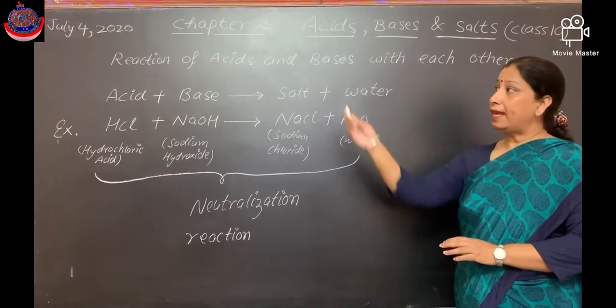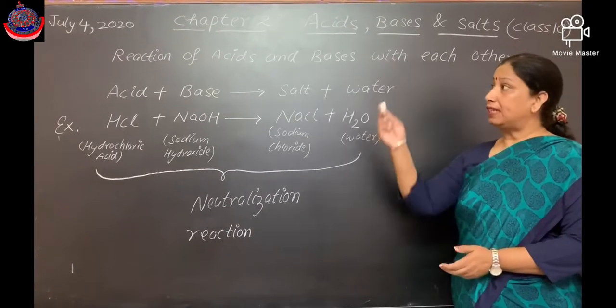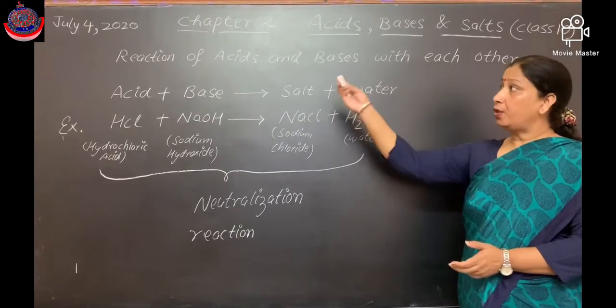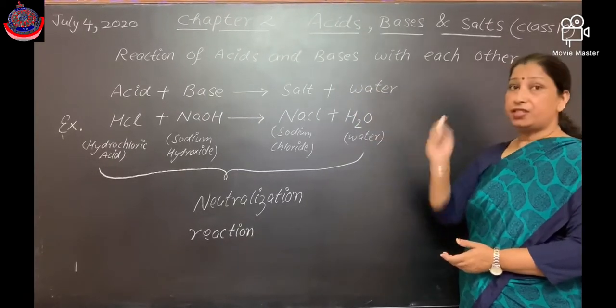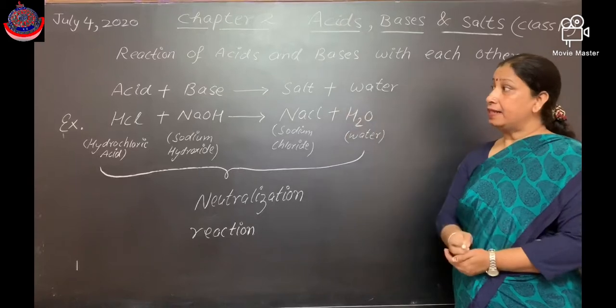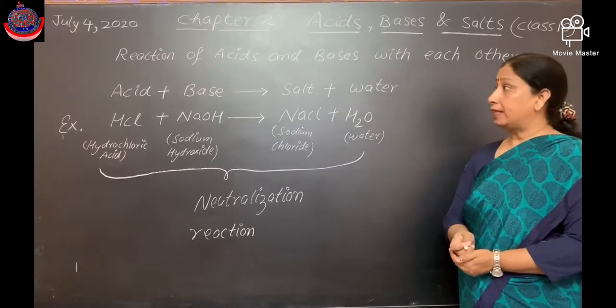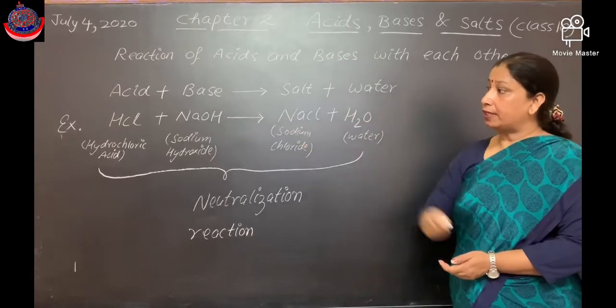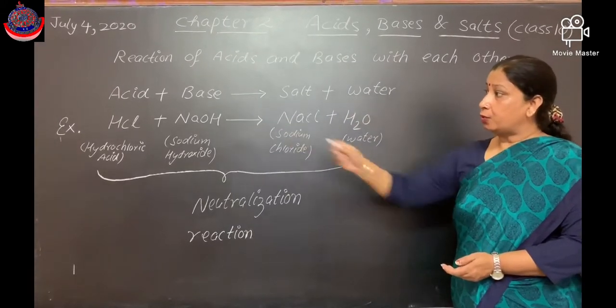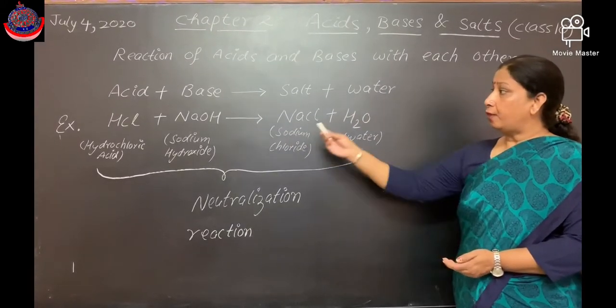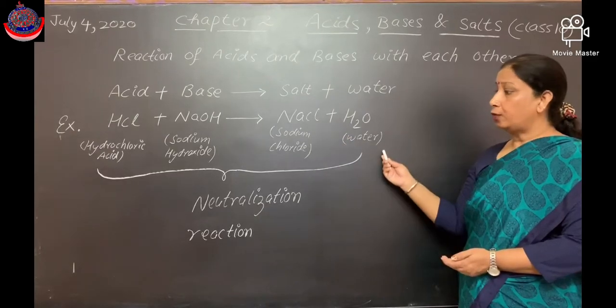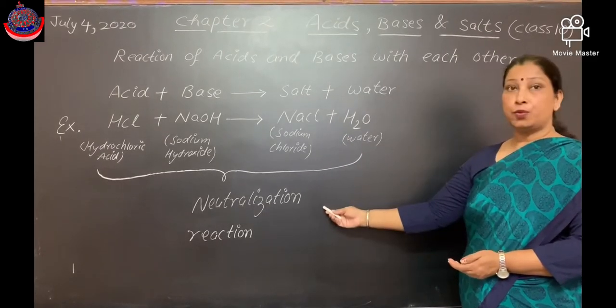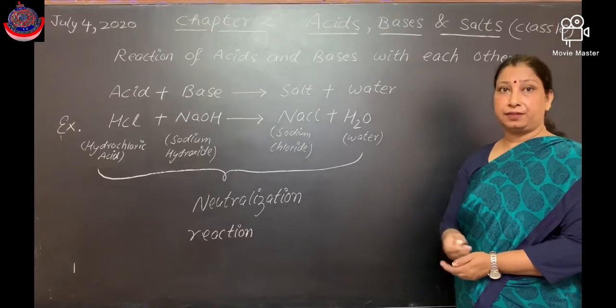Now students, next chemical property of acids and bases. Reaction of acids and bases with each other. When acid and base react together, they form salt and water. Example, hydrochloric acid reacts with sodium hydroxide. They form sodium chloride and water. This reaction is known as neutralization reaction.